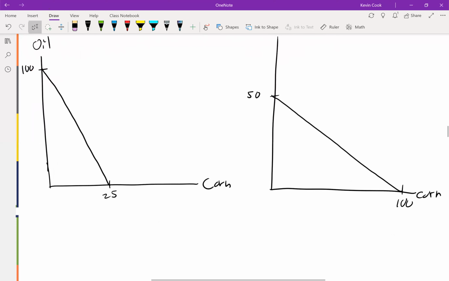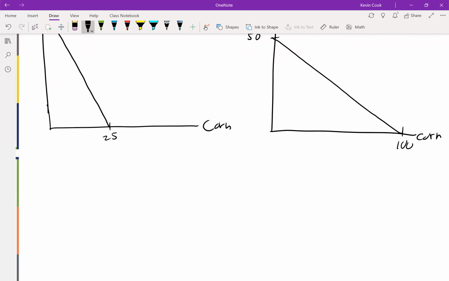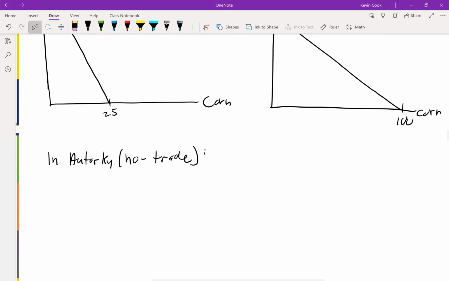So what if we live in a world in what we call autarky, and what autarky means is a world with no trade. So if we live in this world with no trade, we have our countries again.